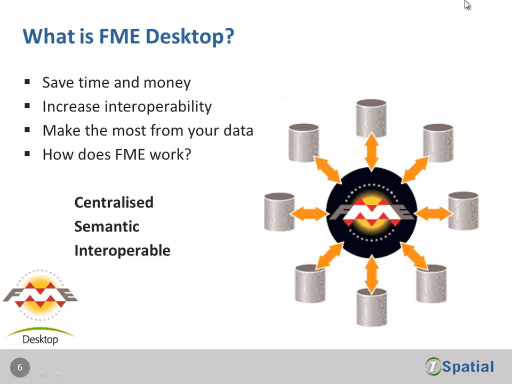So it takes your data from whatever formats it's in, so it might be stored in a MapInfo TAB file, and FME knows that it can process that through to an Esri shapefile. Shapefiles can be read and can be written out to GML, and GML can write across to Oracle.